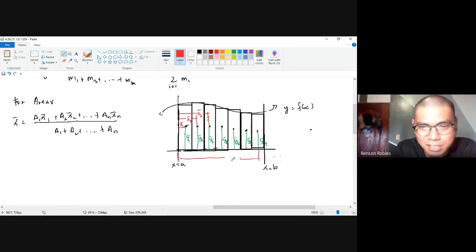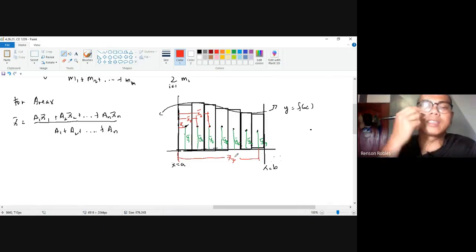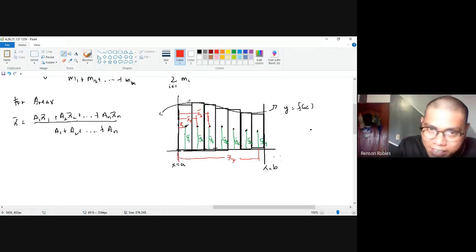Bar x pala, why am I saying bar y? Bar x7, bar x1, bar x2, bar x3, bar x7. And then that's it. So that's how we compute for the centroid.